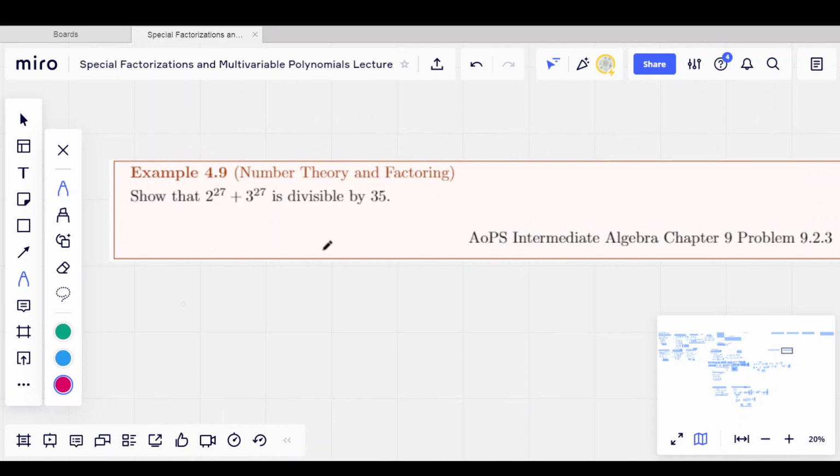I know this numbering is a little off. That's because I put this into the LaTeX file, and then I put this in the wrong order. So sorry if the number is a little confusing. So it's number theory of factoring. So show that 2 to the 27 plus 3 to the 27 is divisible by 35. Think about that for a second.